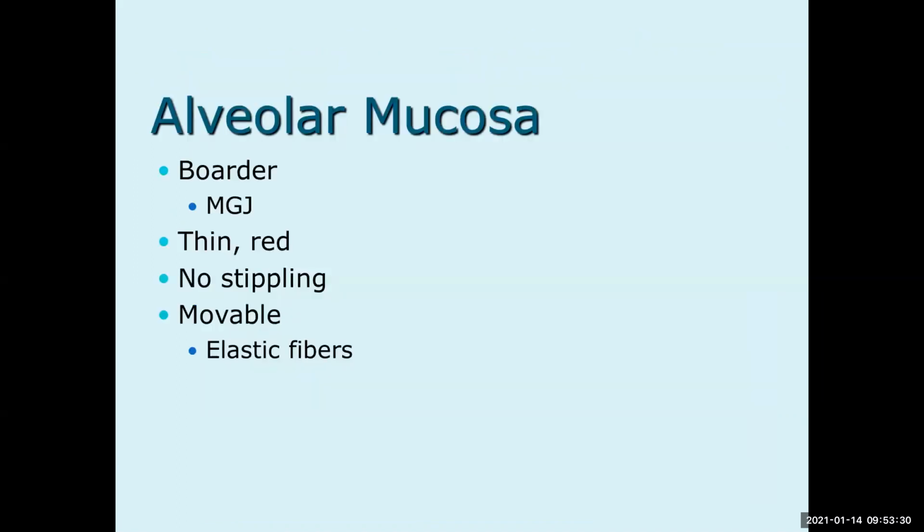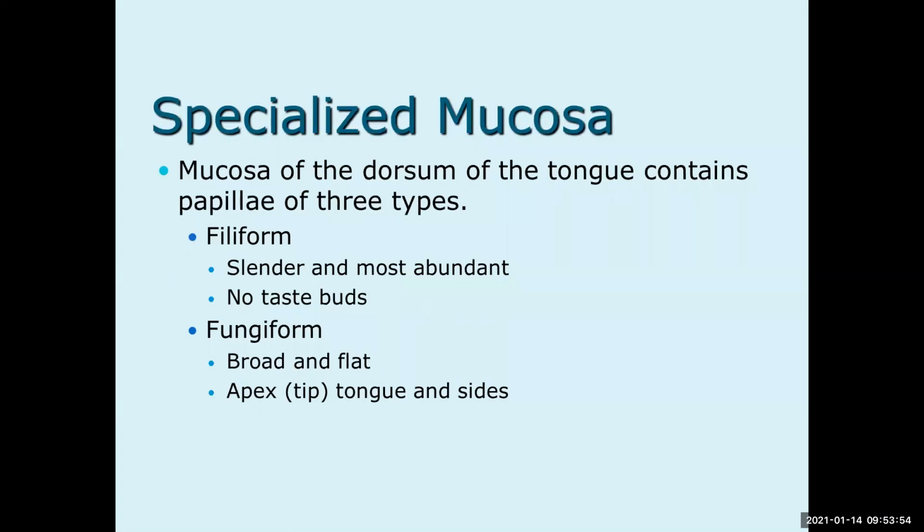So we've got that junctional epithelium, and apical to that junctional epithelium, your border is that mucogingival junction. You have alveolar mucosa, which is not attached. It's movable. There's no stippling. It's thinner, so it's also redder because you can see the underlying blood vessels. It's very vascular. So those are the areas that get the aphthous ulcers or the canker sores.